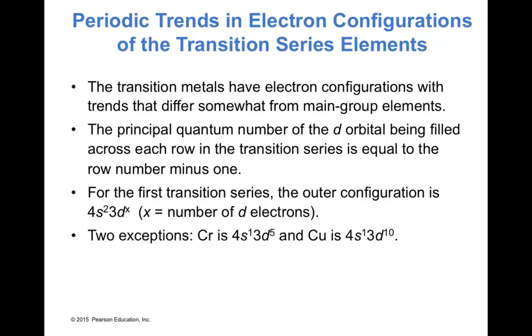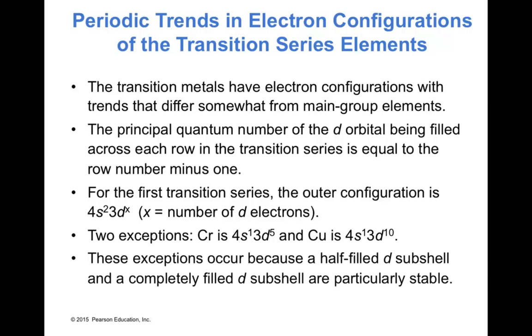Two exceptions are chromium, which is 4s1 3d5 instead of 4s2 3d4, and copper, which is 4s1 3d10 instead of 4s2 3d9. I'm going to show you this in the next slide.